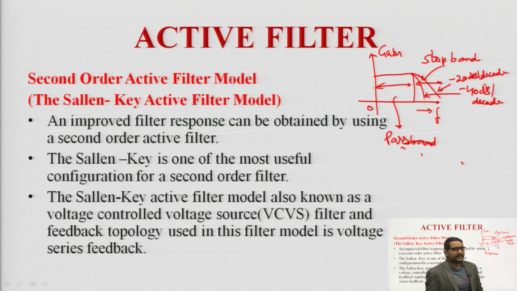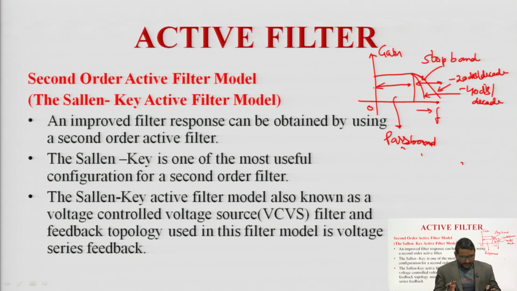And second, the Sallen-Key is one of the most useful configurations for a second order filter. Later we will see why it is the most important. The Sallen-Key filter model is also known as the voltage controlled voltage source filter, and the feedback topology used in this filter is voltage series feedback.